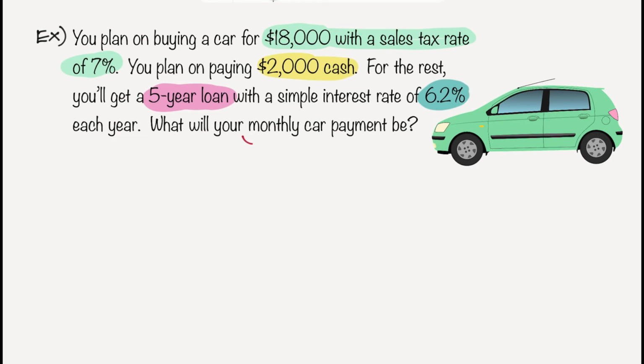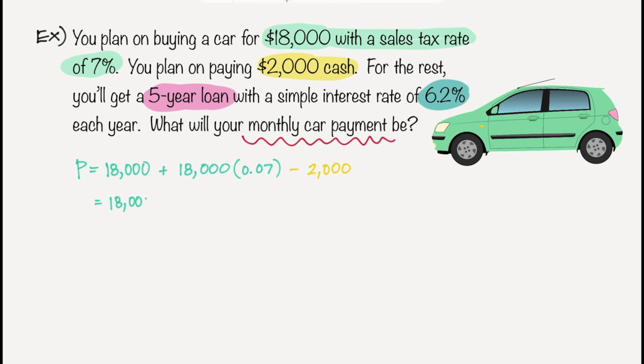So this is real life right now where you may not have money to get a car and you have to get a loan. And then they're going to charge you a whole bunch of money every month. So we're going to figure this out together right now. So the principal is a few things. It's the $18,000 plus the 7% tax that you need to add on to that $18,000. But I already have $2,000 cash as well, so I'm going to take that away from the price of this car.